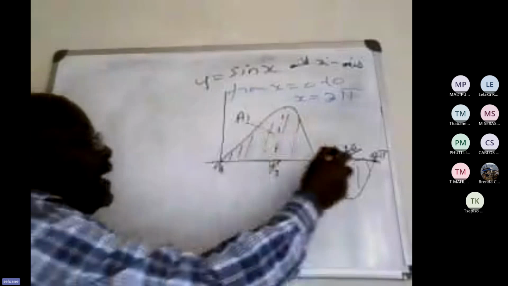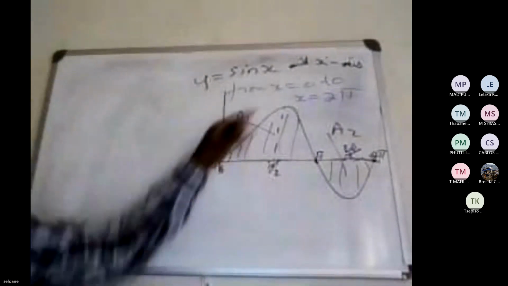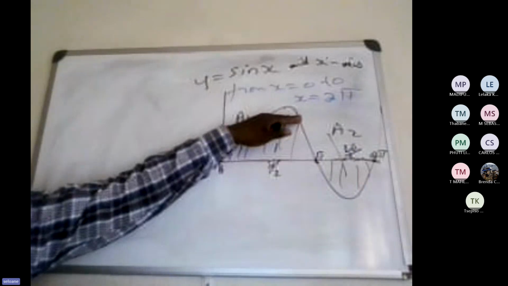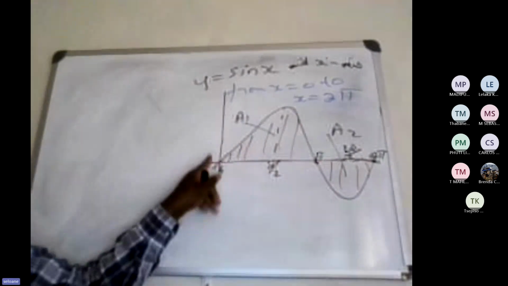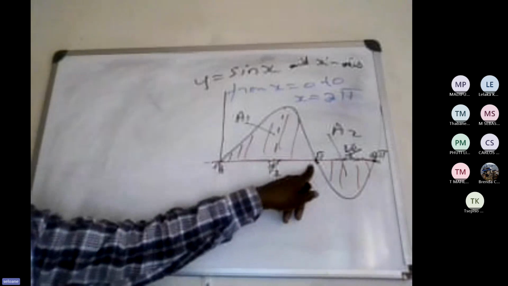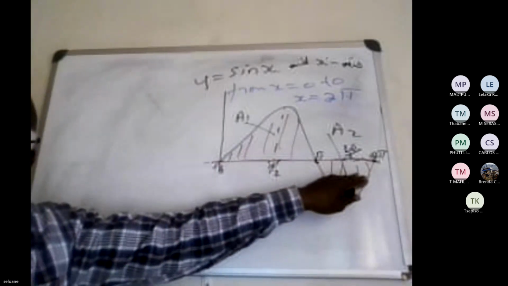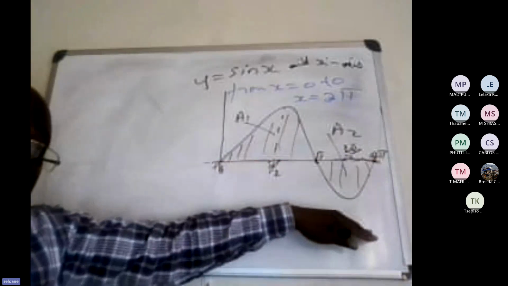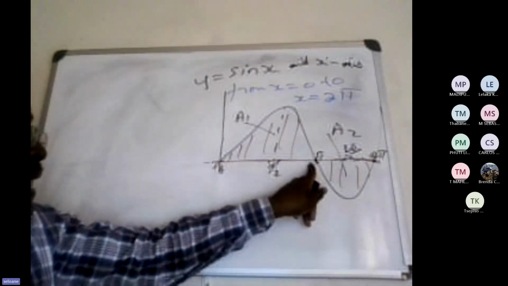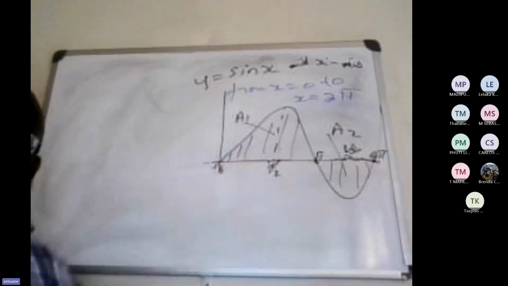Say this is A1 and this is A2. Here it will be sine x minus 0, integrate from 0 up to pi. This one is now 0 minus sine x, integrate from pi up to 2 pi.